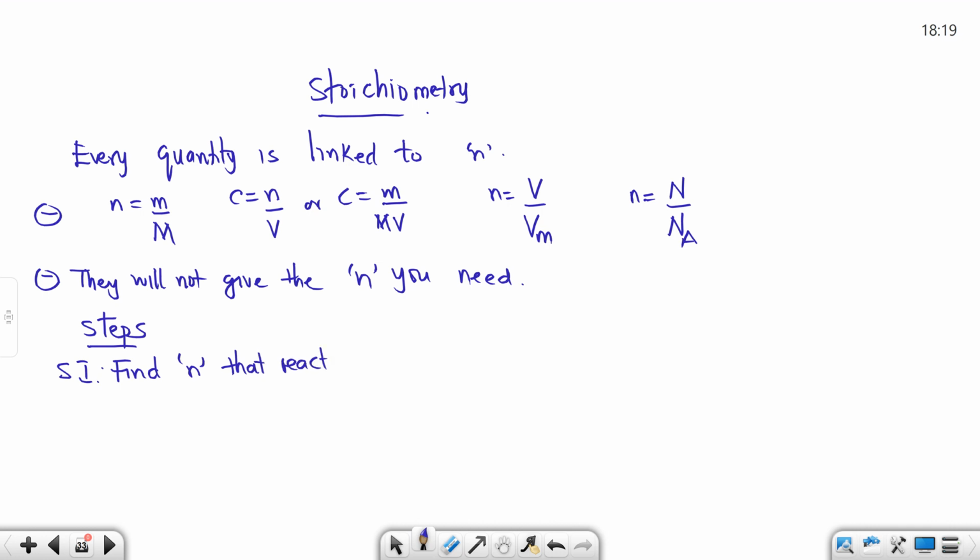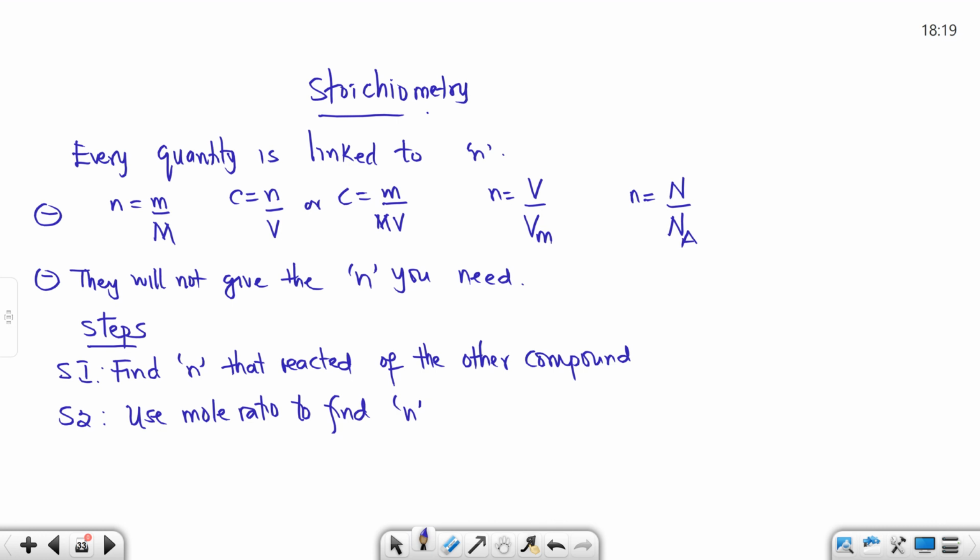Please take note, that reacted, of the other compound. They will give you information about another compound. Step 2, use mole ratio to find the number of moles that you need.